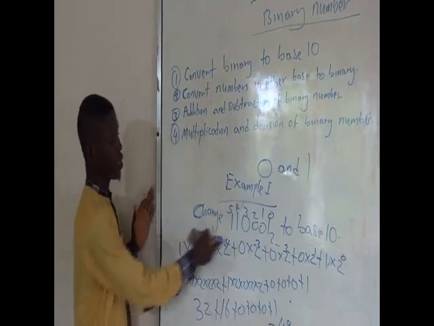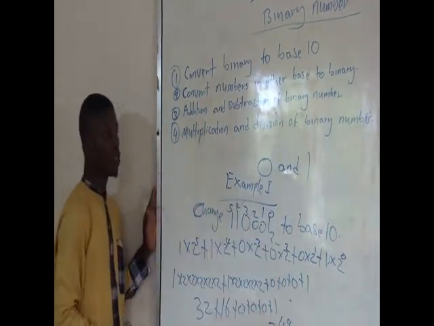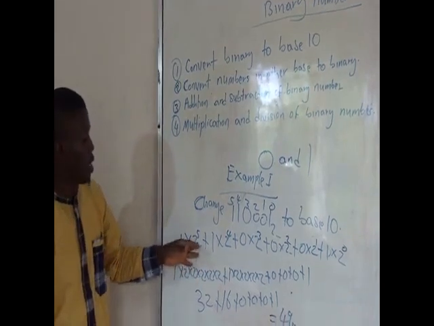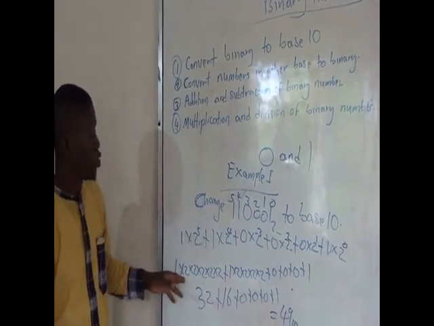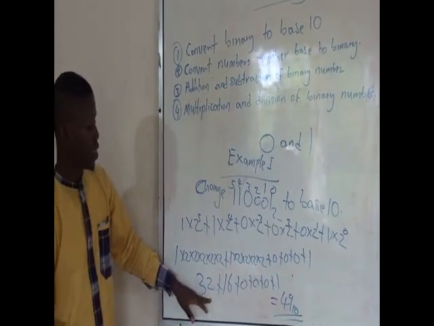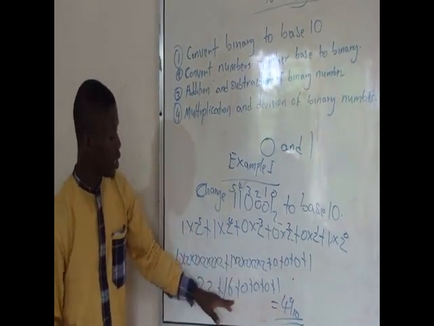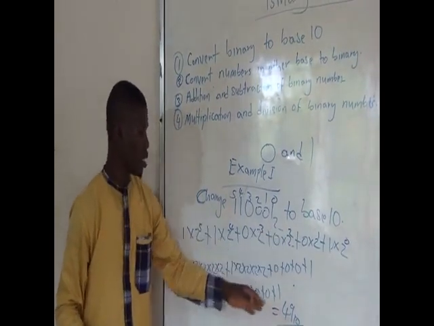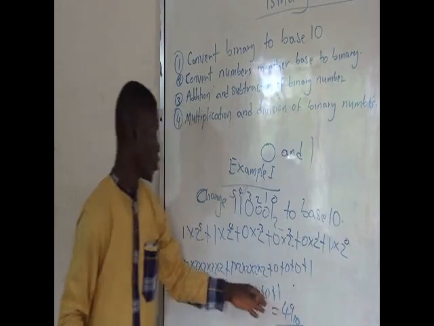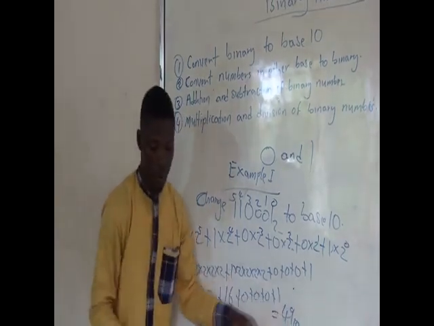Then we put back the powers and use our knowledge of indices. 2 raised to the power 5 is 2 multiplied by itself 5 times, so that's how we get 32. This one we get 16. Anything multiplied by 0 is 0. Any number raised to the power 0 is 1, and 1 times 1 is 1. So we add these to get 49.